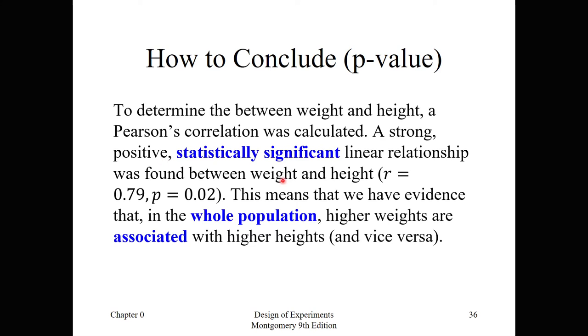Now, my client or my reader may not know, my little brother's not going to know what a positive correlation is, but this is part of the results. I did find one, and maybe I have to go and explain that because they're not going to know what that is. So here I'm explaining, not in statisticalese per se, but I'm not hiding away from statistical language: strong, positive, statistically significant linear relationship.